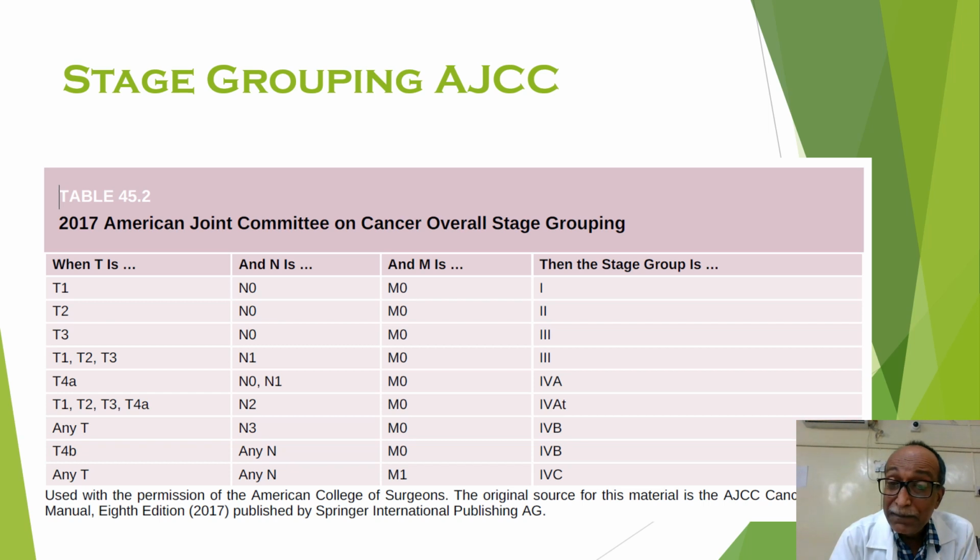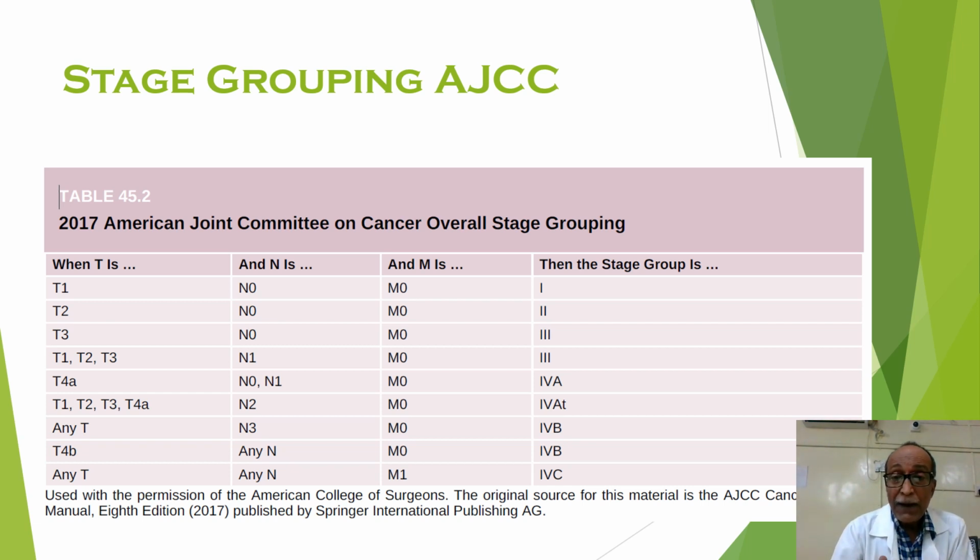Stage 4 does not always mean the presence of metastasis. Presence of metastasis is stage 4, but without distant metastasis also, head and neck cancers are staged 4. Stage 4 is a heterogeneous group of advanced cancers.